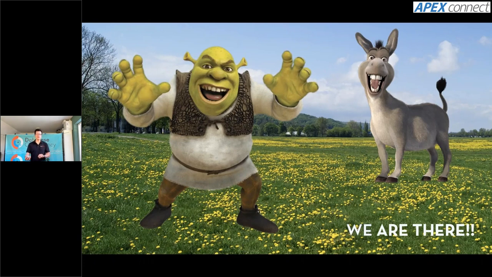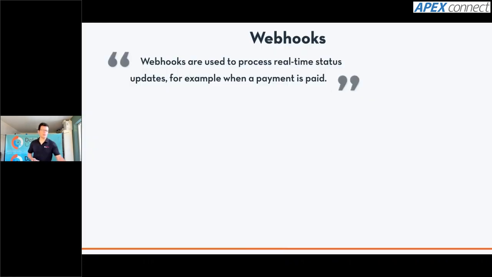We're talking about pulling and pushing. So this is more like we are pushing the new status to our server. That is practically what webhooks do. If you look at the definition of webhooks on the Mollie side, we read that webhooks are used to process real-time status updates, for example, when a payment is paid.